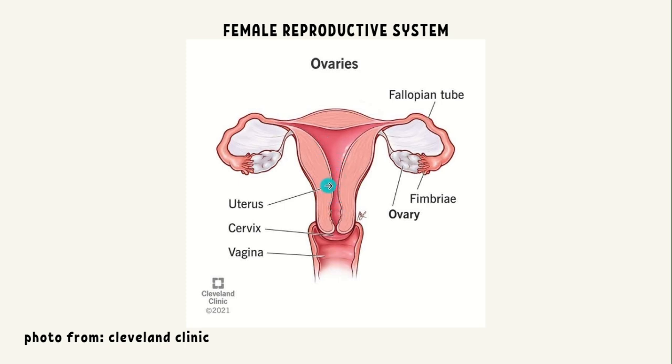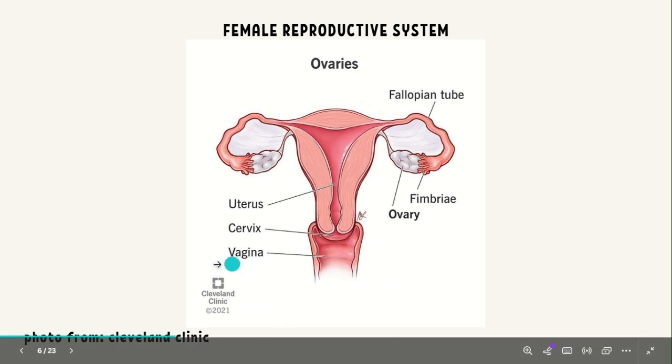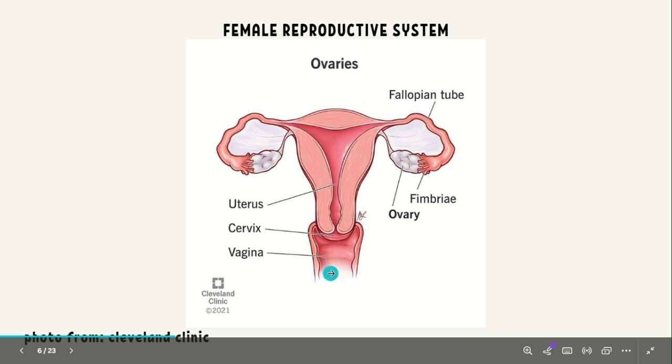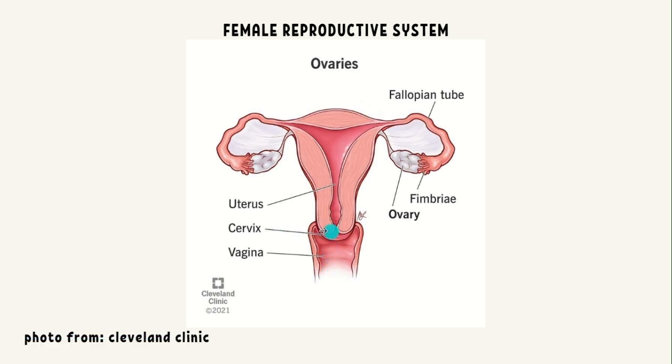The space in here is the uterus. This is where the vagina is, down here. So this is the vaginal opening, and then you have the cervix to the back.